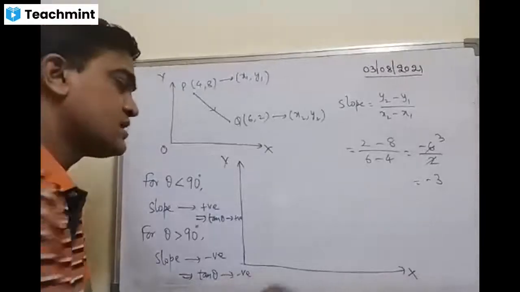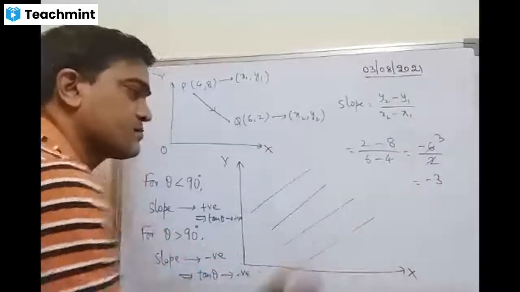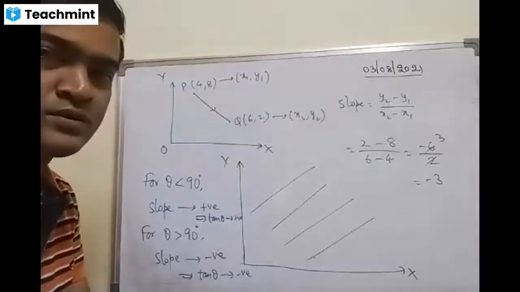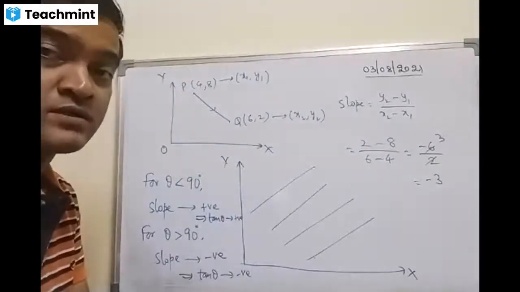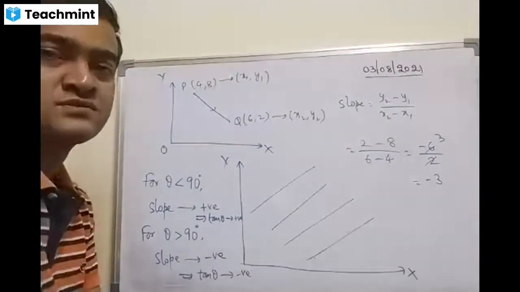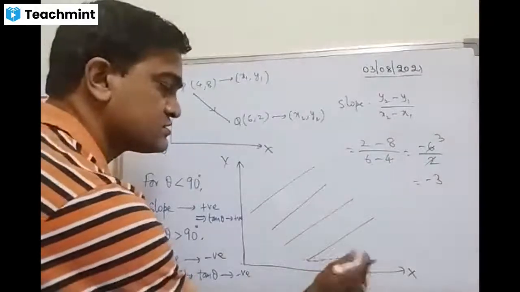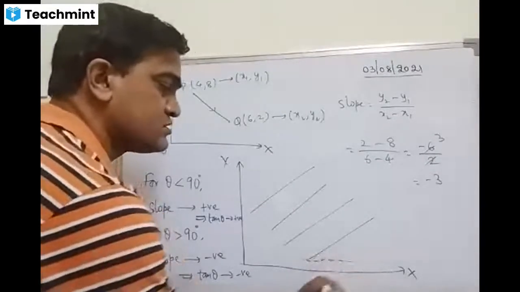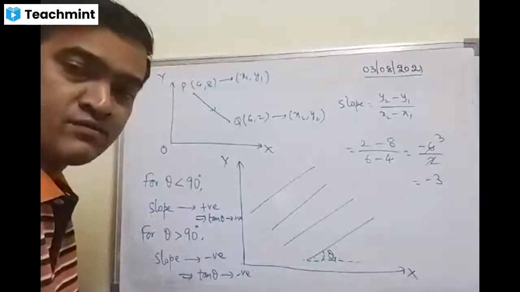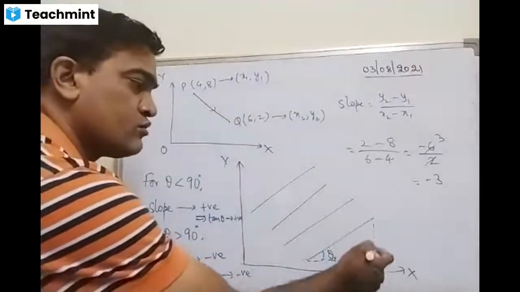For example, I have lines like this. How to find out slope in this case? Remember, slope is always measured with respect to the positive x-axis. For example, if I draw a line like this, and I represent this angle as theta 1, how to find out slope?